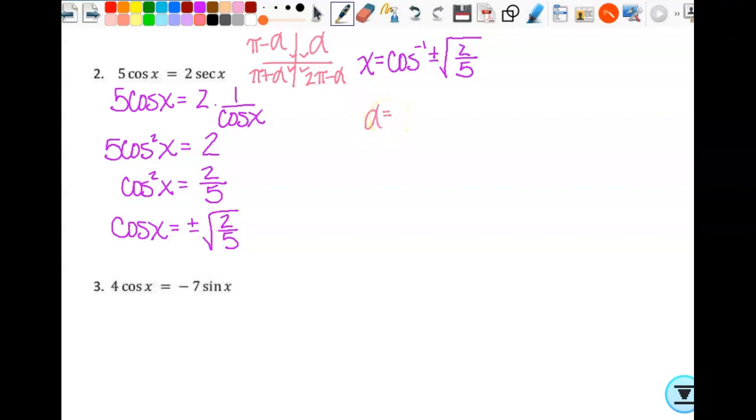That means in the calculator I'm only using the positive, so I'm going to do the cosine inverse of the square root of 2 divided by 5. And that gives me 0.886 something, something, something that I'm going to have to use a few times, so I definitely want to store it. And it'll just store right over the x that you had.